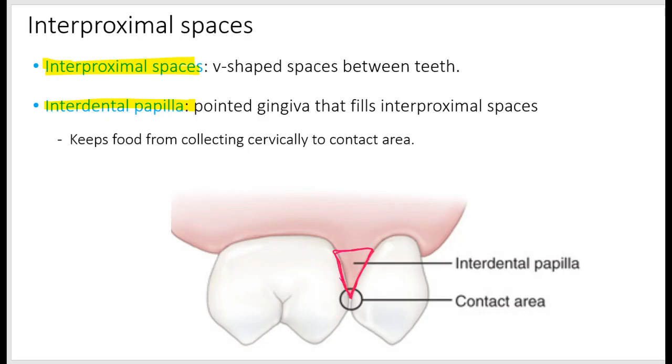But in healthy gums, these interdental papillae would fill this space, the interproximal spaces, and cover these areas, and definitely it will help not to get any food in there. There's no opening. It will have some nourishment. So that is healthy versus unhealthy teeth. So that's the interproximal or interdental papilla.